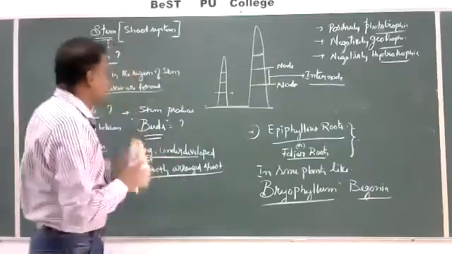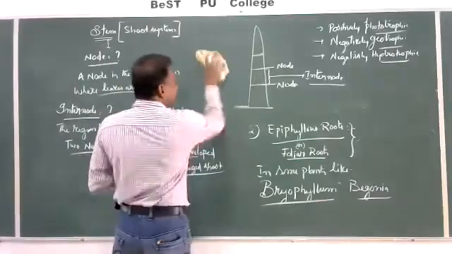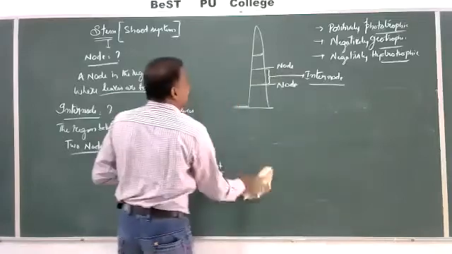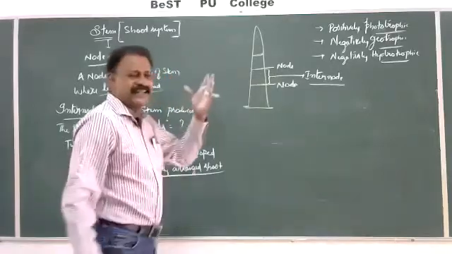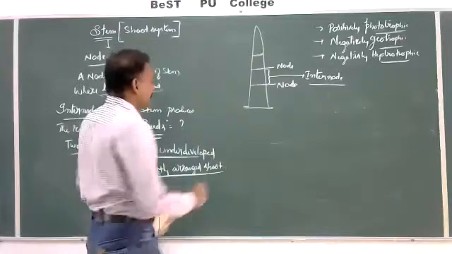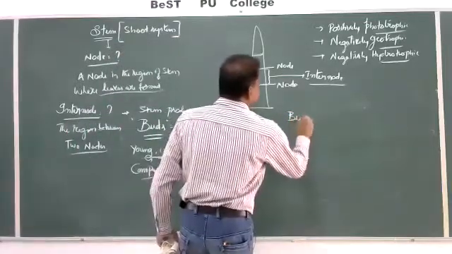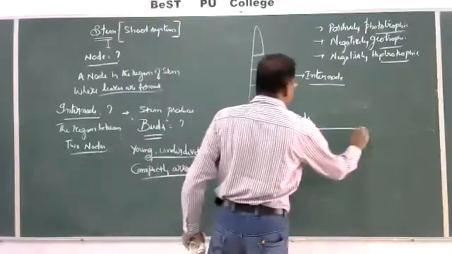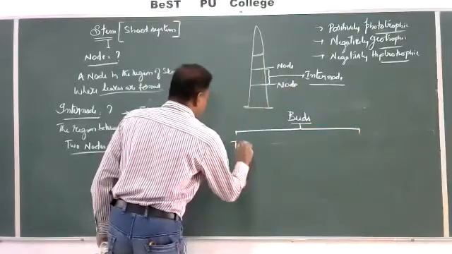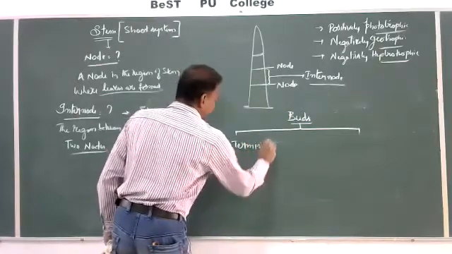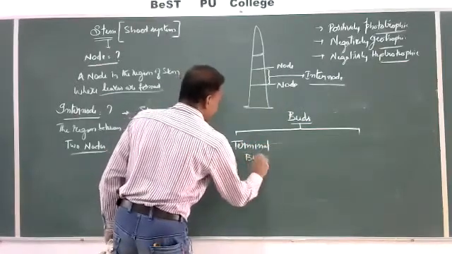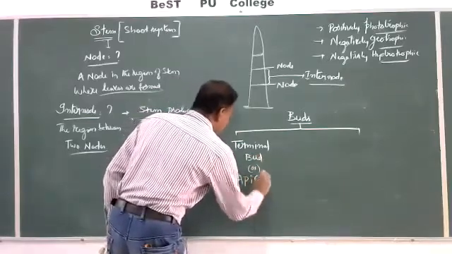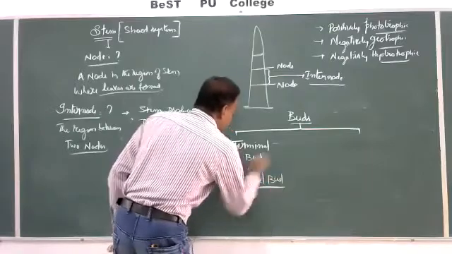And these buds are basically categorized into two types based upon their position on the shoot or stem. Terminal bud or apical bud, both are the same.